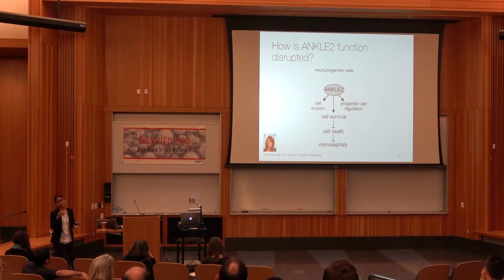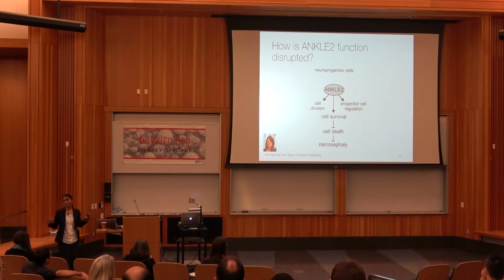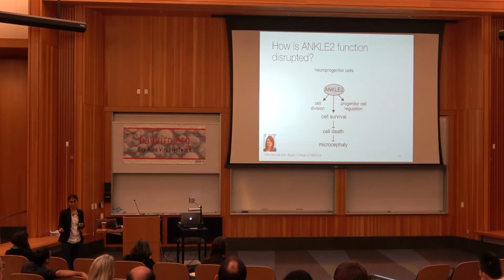The first is positively regulating cell division in progenitor cells, and the second is positively regulating progenitor cell regulation and the asymmetric stem cell division that's required for some of these neuroprogenitor cells in the fly brain. And then it also positively regulates cell survival to prevent cell death. The mutation in her ANKL2 mutant flies impacts all three of these aspects of ANKL2 function.